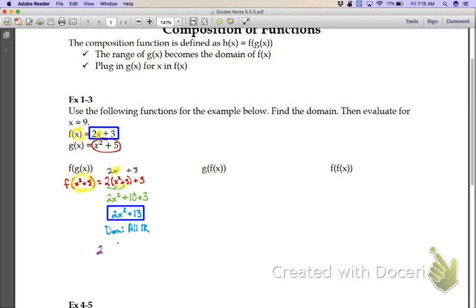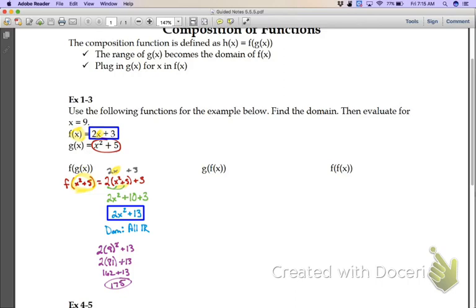If I have 2 times 9 squared plus 13, so 2 times 81 plus 13, 162 plus the 13 is going to give me 175. Now, moving on. This one is g of f of x.